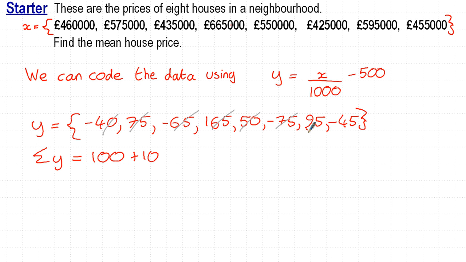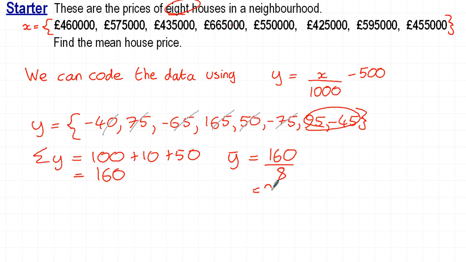And finally the last two collectively give 50, so the sigma Y, all of the Y data added up, is 160. So we can now work out the mean for the Y data, which is sigma Y, which is 160, divided by how many we have, which is still 8, giving 20.